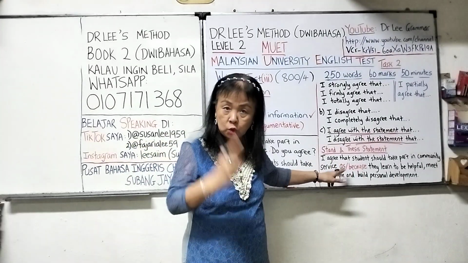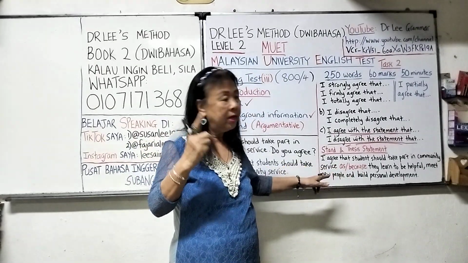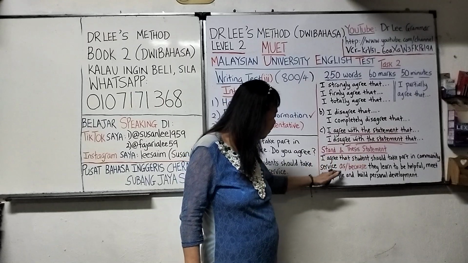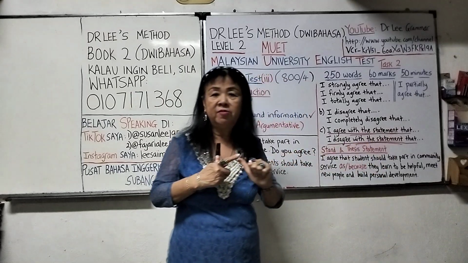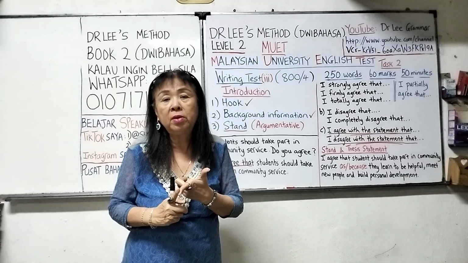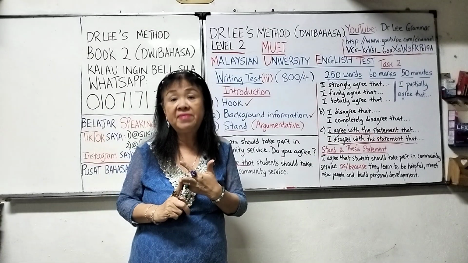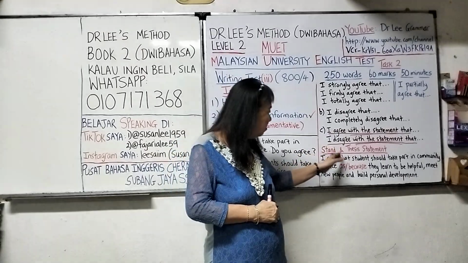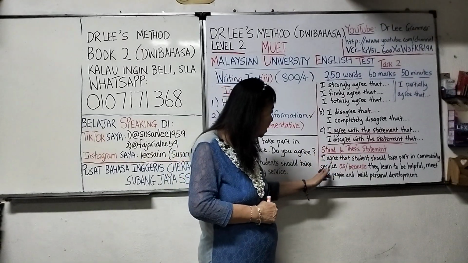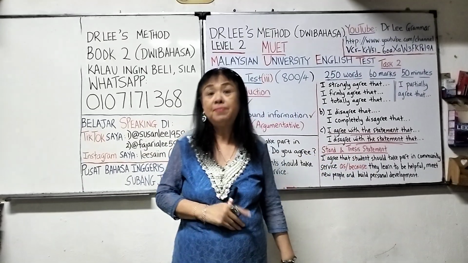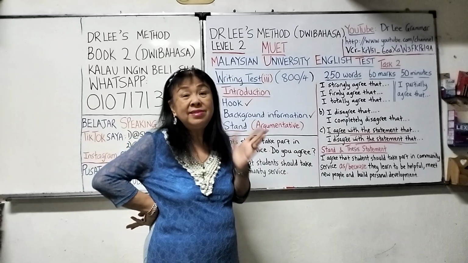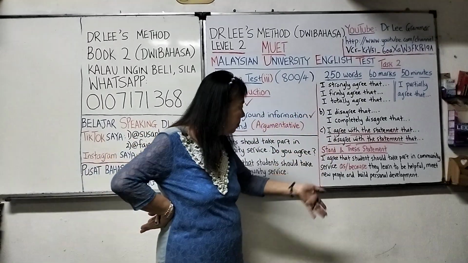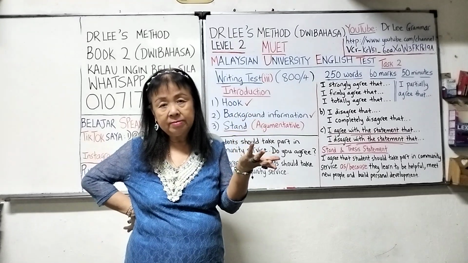Choose one, do not write both. So you can say, I agree that students should take part in community service as they learn to be helpful, meet new people, and build personal development. Or, because they learn to be helpful, meet new people, and build personal development.